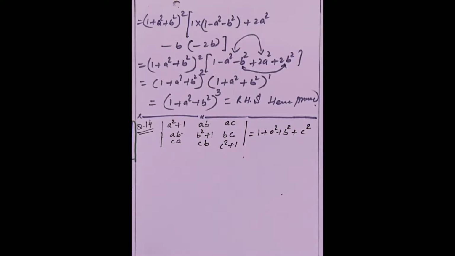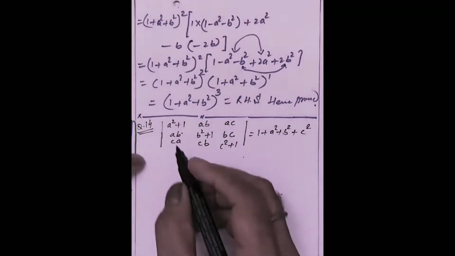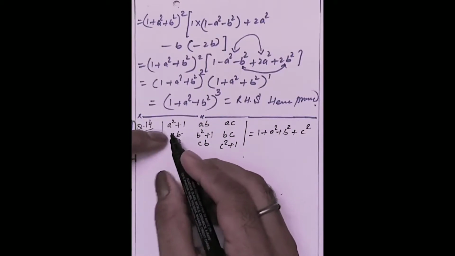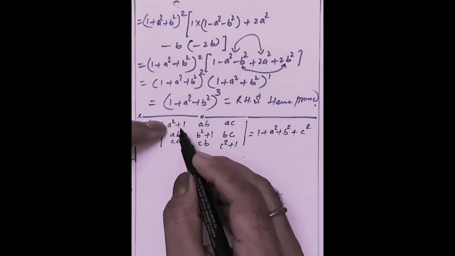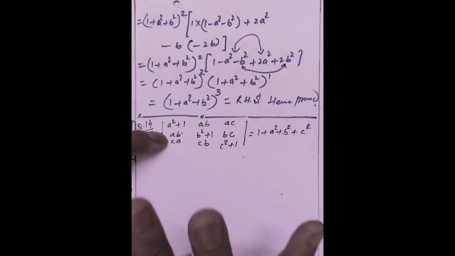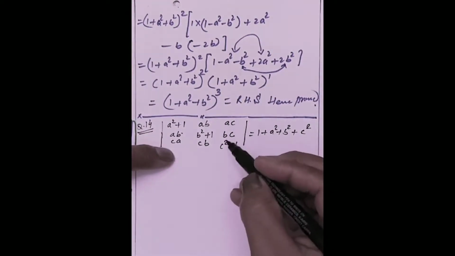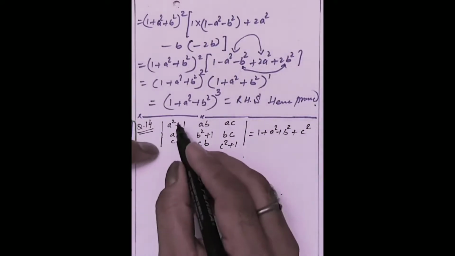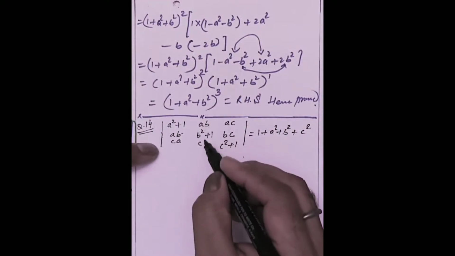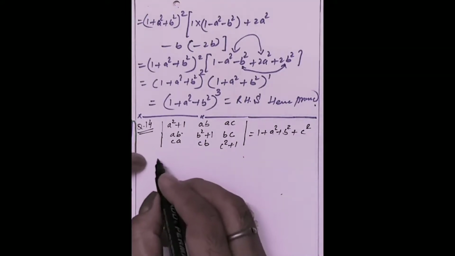Now this is a little tricky question. Here we have a, here we have a, and here also a, but we don't have a here. But overall a is, you can consider from C1, b and b and b, and c and c and c. So let us take common a from C1, b from C2, and c from C3.